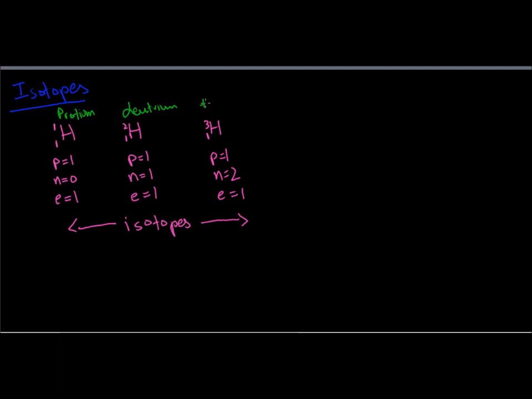and then we have tritium. Okay, so simple isotopes are, so if I write down the definition, isotopes are atoms of the same element.